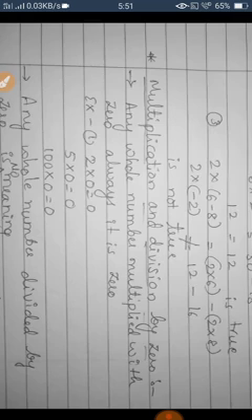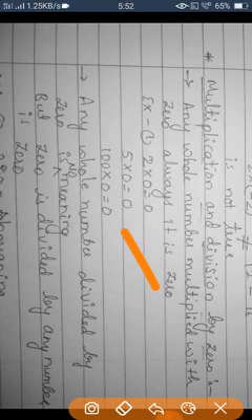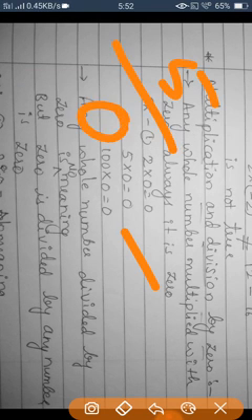Then multiplication and division by 0. How do operations work with 0, because 0 is included in the whole numbers. If you multiply any whole number by 0, it is always 0. There is no doubt at all. If you divide by 0, for example 5 divided by 0, it is meaningless.